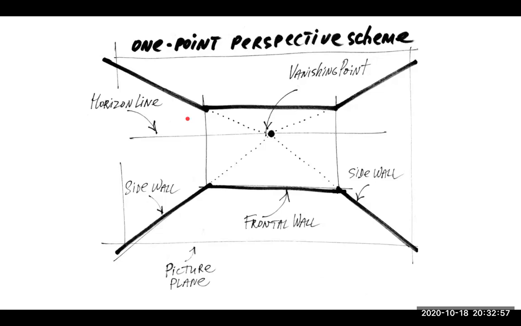This illustration is of an interior. So the vanishing point, the horizon line, and then we have all the lines from the ceiling, and the wall and the floor. All of the lines are converging through the vanishing point.